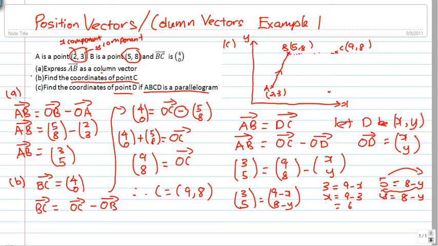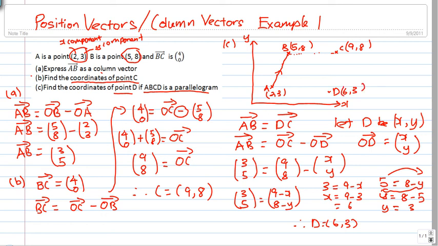Oops, I've made a mistake here. This is 8 minus 5, so y is equal to 3. Therefore the coordinates of D are (6, 3). Now (6, 3) is right about here.